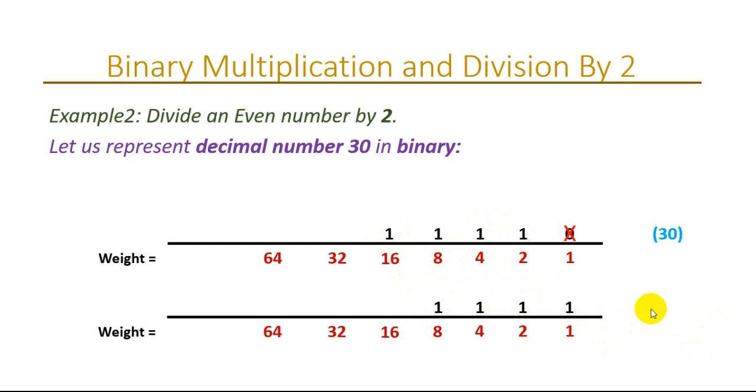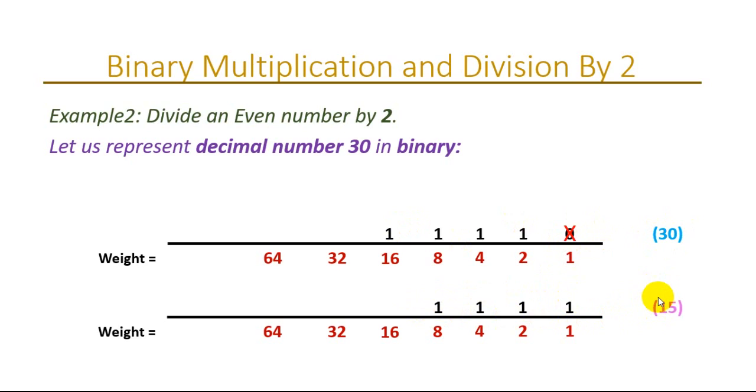Now this is how much? 8 plus 4 is 12, 12 plus 2 is 14, 14 plus 1 is 15. See, this is how binary 15 is written. So binary 30, by removing the last digit, we made the number 15. That means we have successfully divided that number by 2. So 30 divided by 2 is 15.